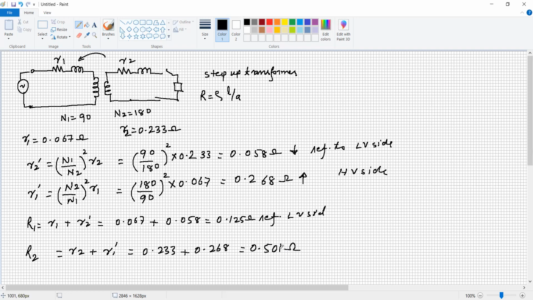Now see, when the total resistance is referred to the LV side, the value is smaller. And when the resistance is referred to the HV side, the high voltage side, where the number of turns is more, the resistance value will be more.